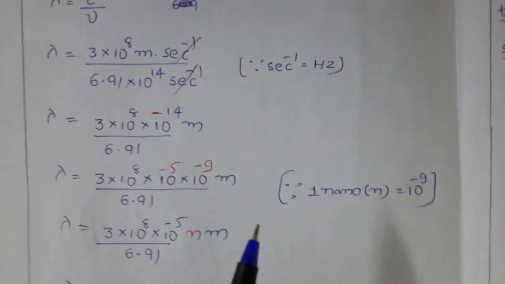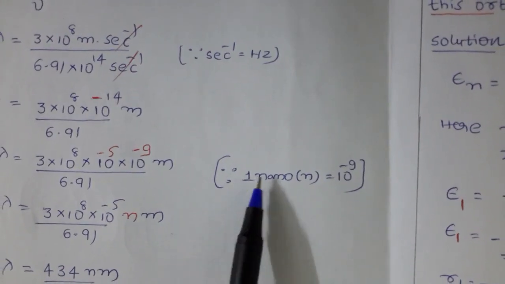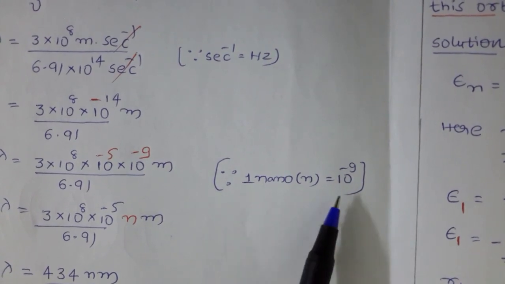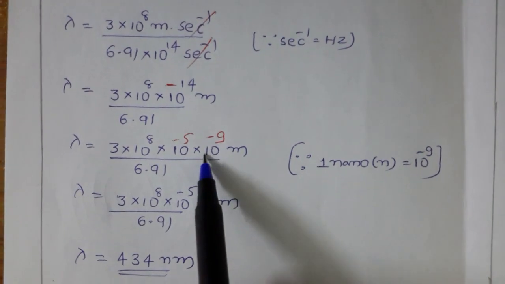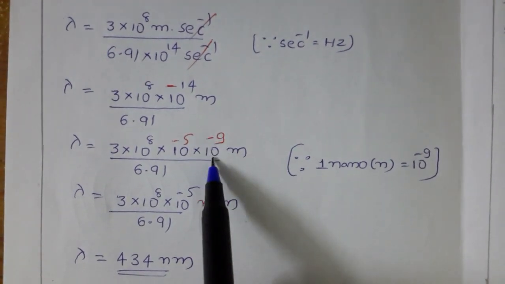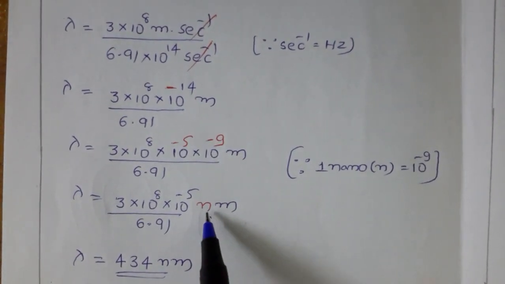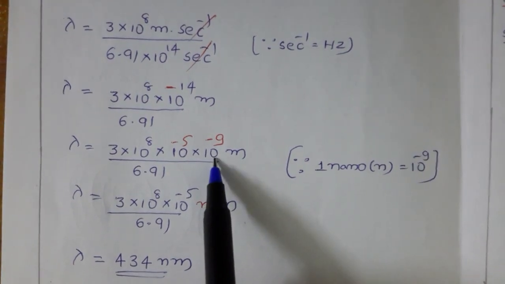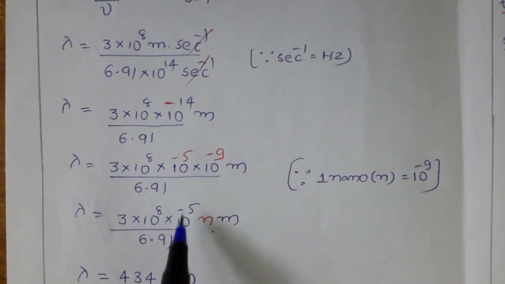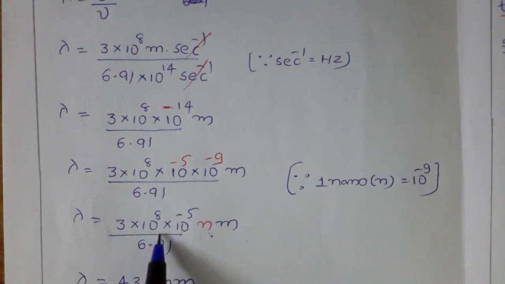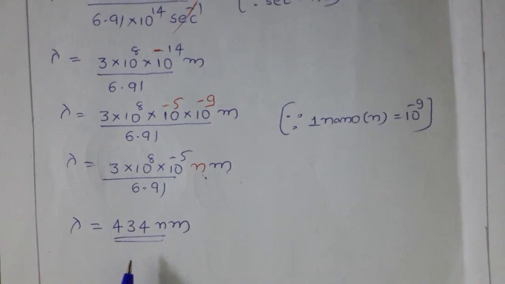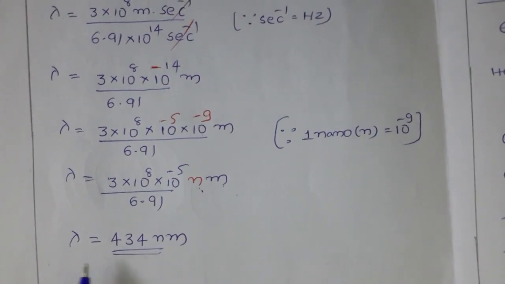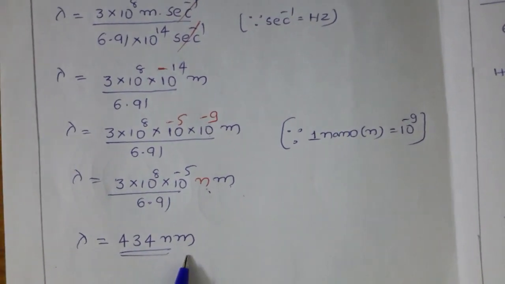From previous knowledge, 1 nano is 10 to the power of minus 9. So instead of 10 to the power of minus 9, I simply write n, which indicates nano. What is left is 10 to the power of minus 5 as it is, into 10 to the power of 8, and the units are meter as such. On simplification, we got lambda equal to 434 nanometers.